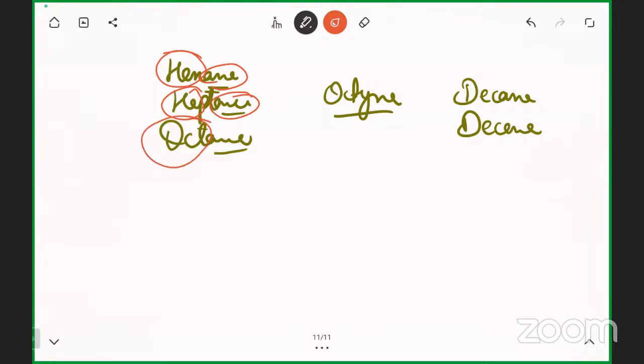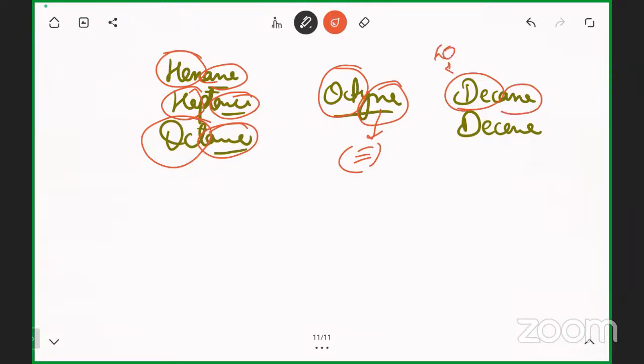Oct represents 8 carbons, ane represents saturation. Oct represents 8 carbons, but ine represents the triple bond. Dec represents 10 carbons, but ane represents the single bond. Dec again represents 10 carbons, ene represents the double bond. Here we don't have any secondary suffix, but the primary suffix is sufficient to tell about the property of the compound.